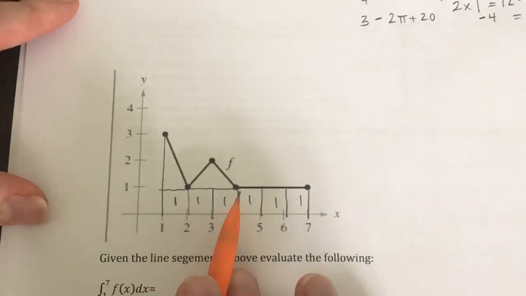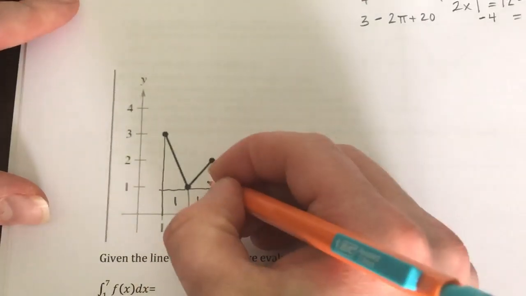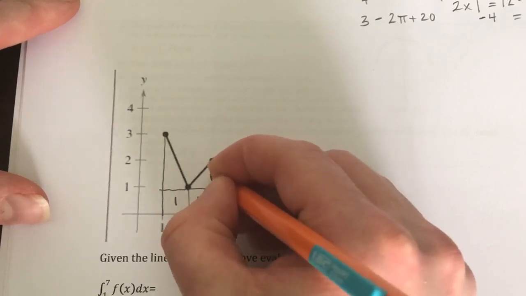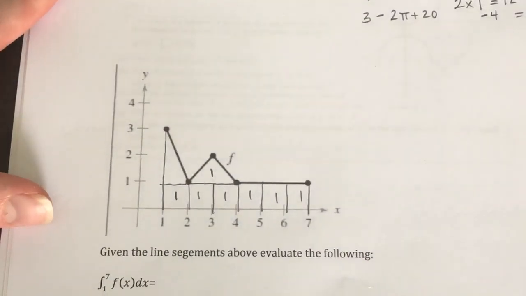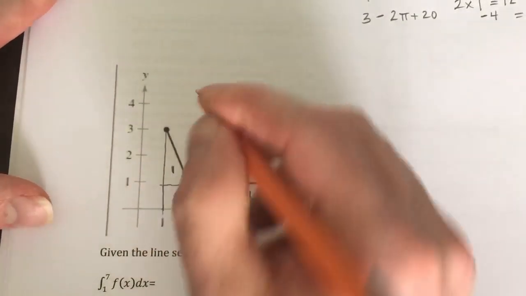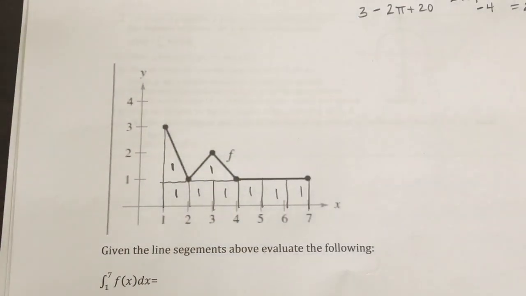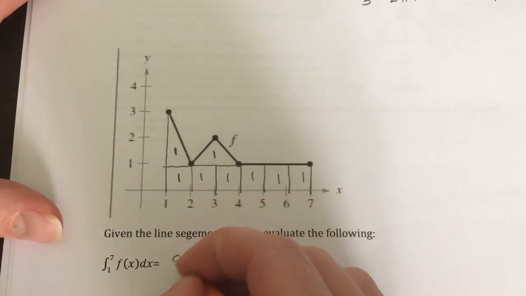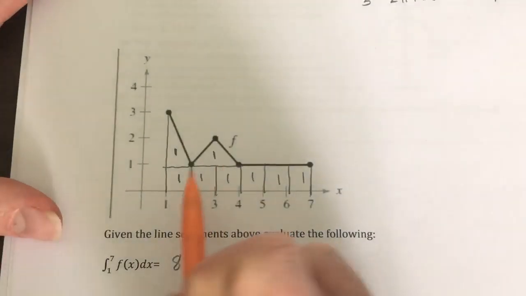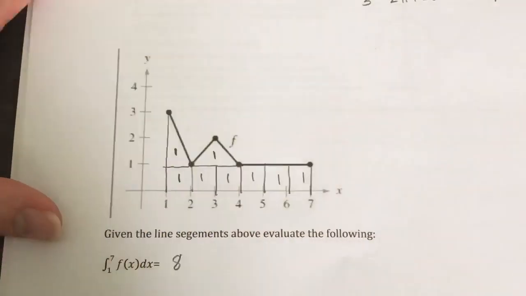So the base is 2, the height is 1. So 1/2 times 2 is 1. And this is a 1 by 2 triangle. So that area is also 1. So if I add them all together, the integral from 1 to 7 is going to be 8. Okay, 1, 2, 3, 4, 5, 6, 7, 8.